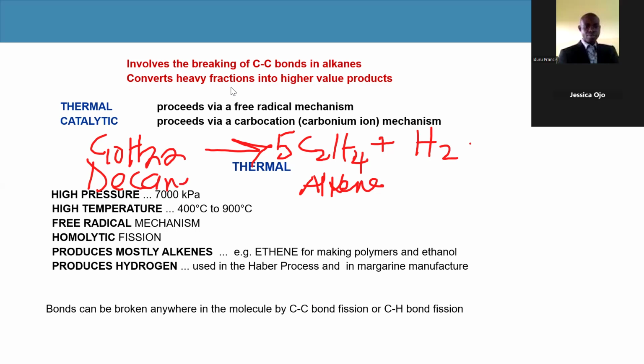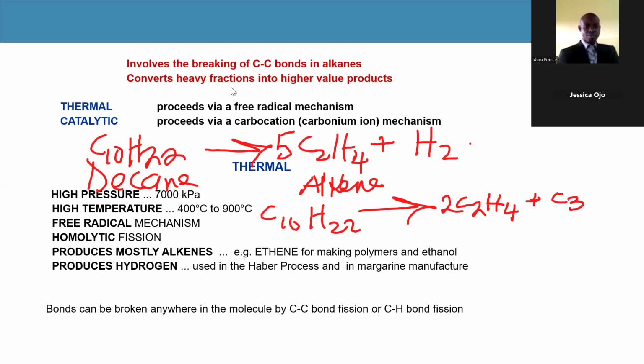On the other hand, if you are not making hydrogen, C10H22 gives you maybe C2H4, I have 2 of that. What should be the other product? That will be 2 times 2, 4. We have C6H8, C3.